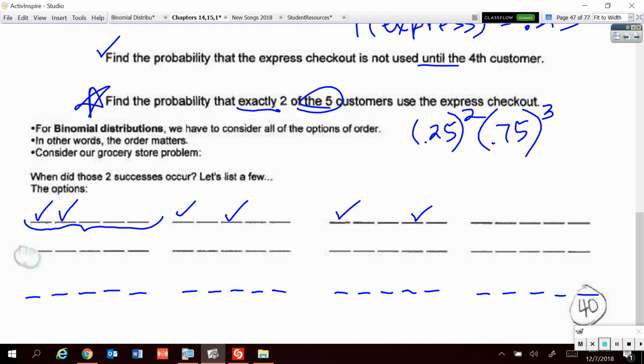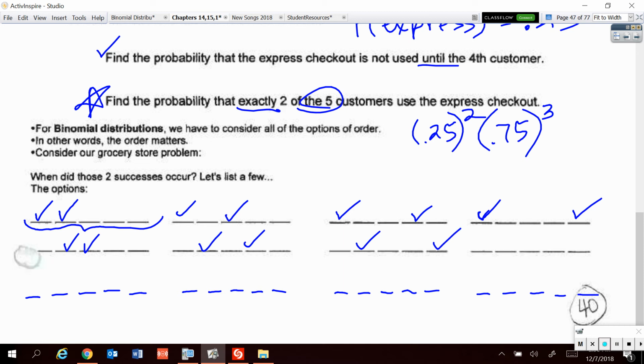So do that now. Try to compute as many as you can, to see all the combinations of 5 with 2 successes. Okay, what'd you come up with? How many combinations? 1st, 2nd; 1st, 3rd; 1st, 4th; 1st, 5th. What would be next? 2nd, 3rd; 2nd, 4th; 2nd, 5th.